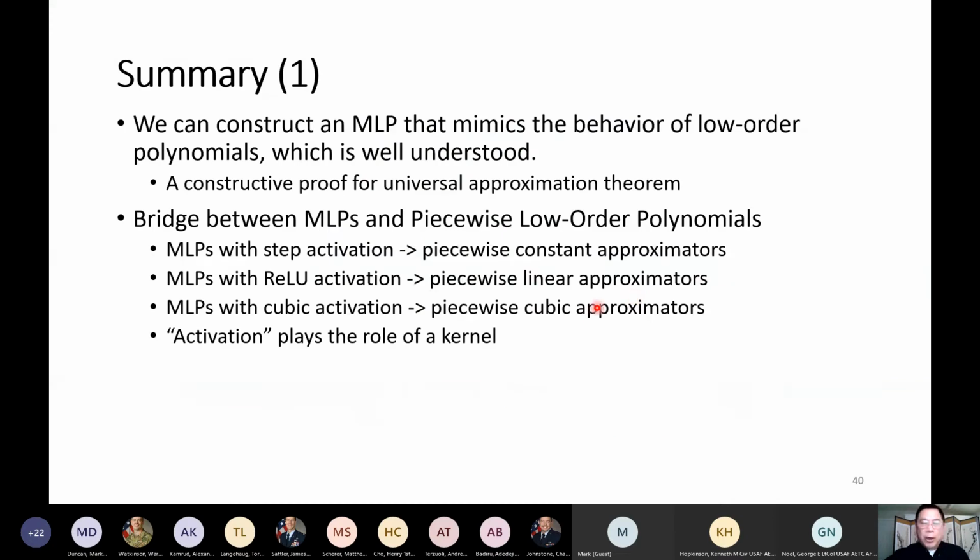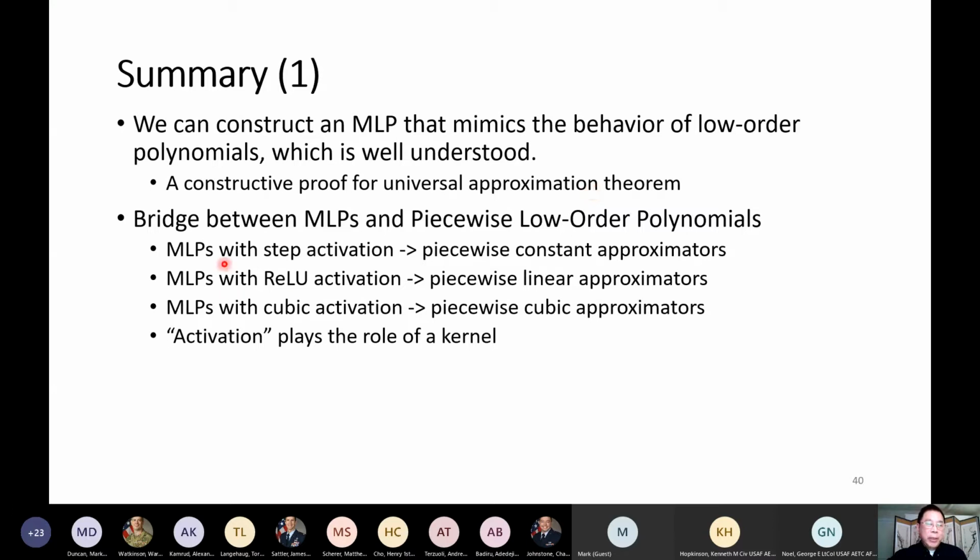So we can construct the MLP that mimics the behavior of low-order polynomials, and the approximation capability of low-order polynomials is well understood. So we are able to provide a constructive proof for the universal approximation theorem, at least for the 1D case. For the multi-dimensional case, I sketch some argument to do that. But for the 1D case, clearly, we provide a constructive proof.